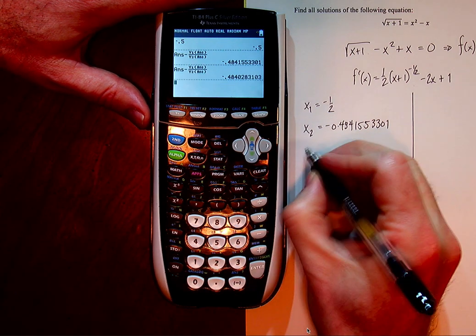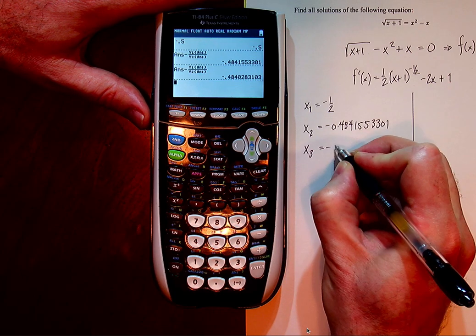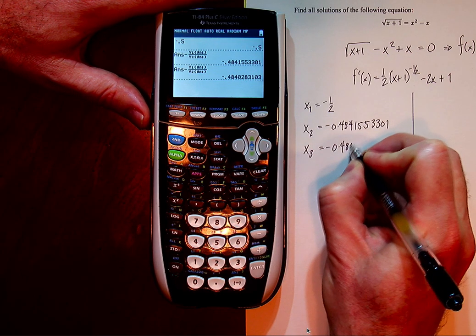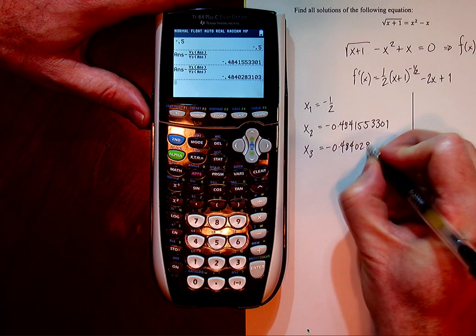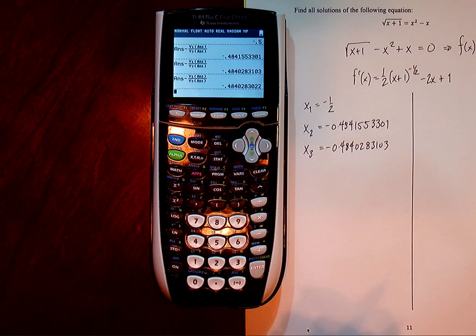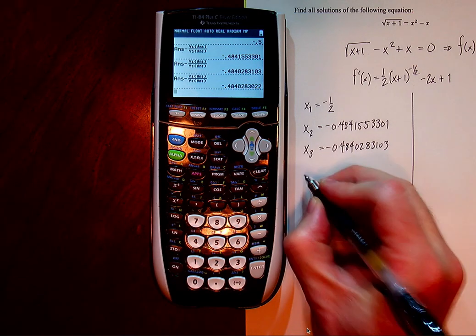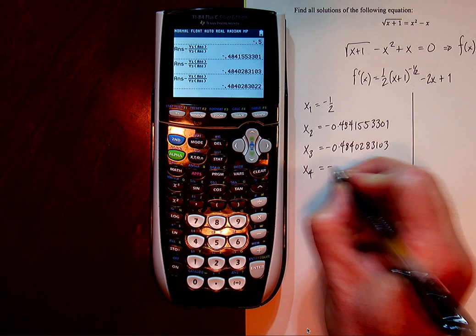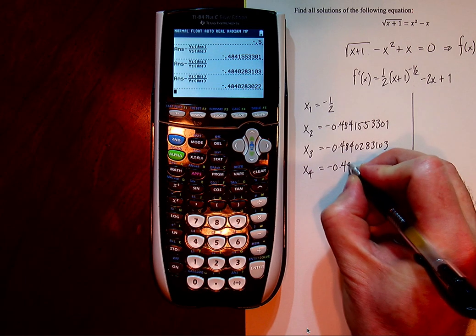Enter again. x sub 3 is negative 0.4840283103, and we see that in each successive pressing of the enter button, there are going to be fewer and fewer decimal places changing from one answer to the next.